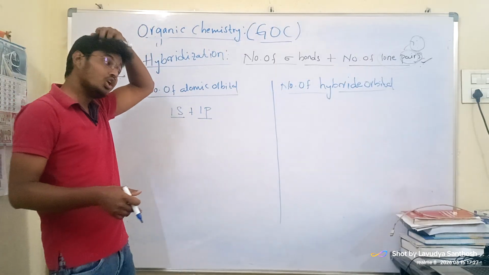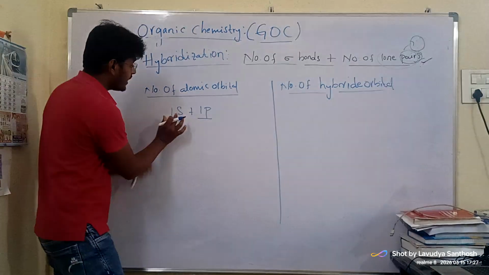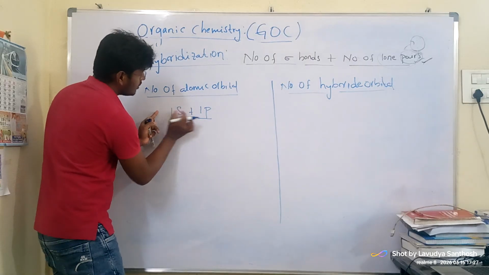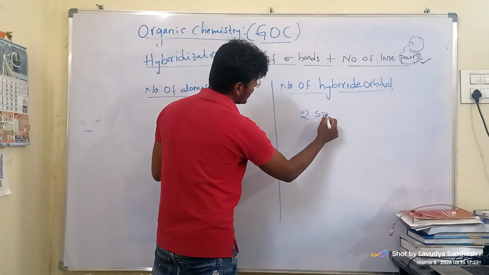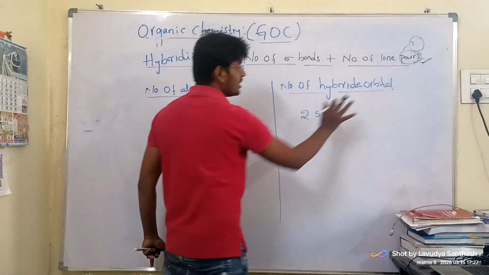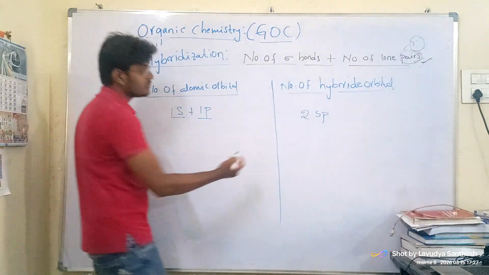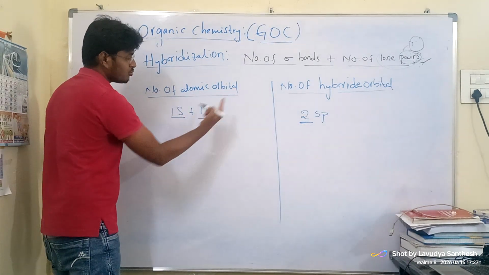We are going to look at them one by one. See here, 1 plus 1 is 2, so 2 sp orbitals are formed. How many hybrid orbitals form? Only 2, because here it is 1s plus 1p.